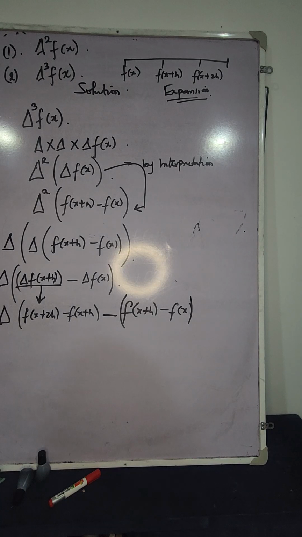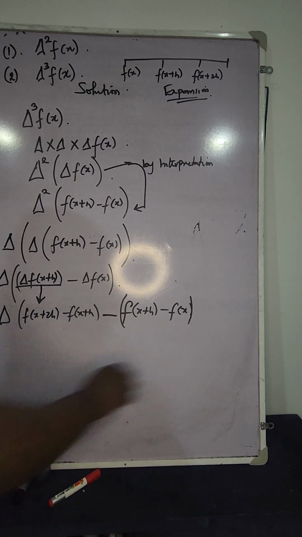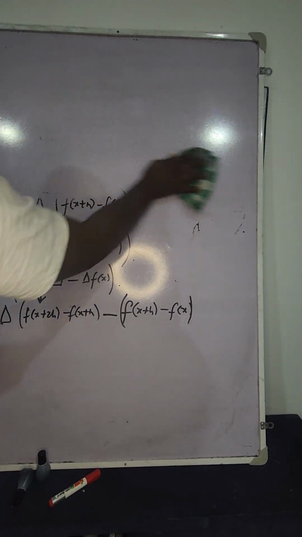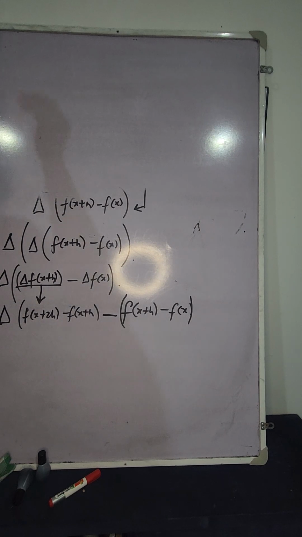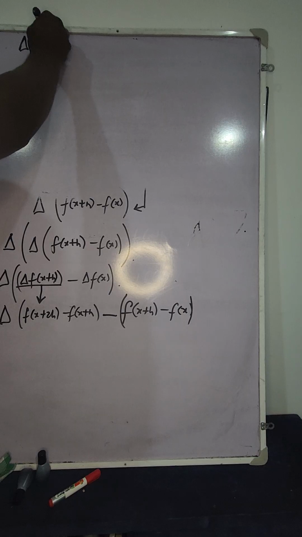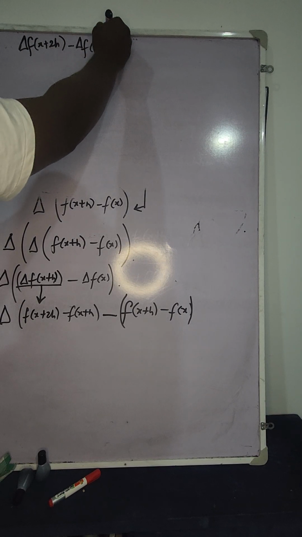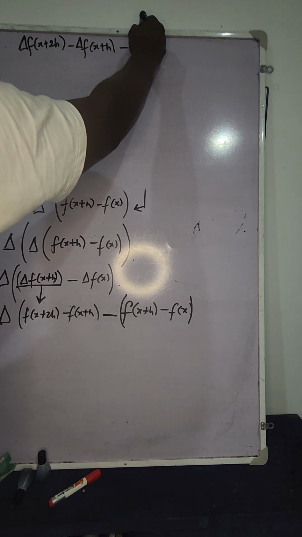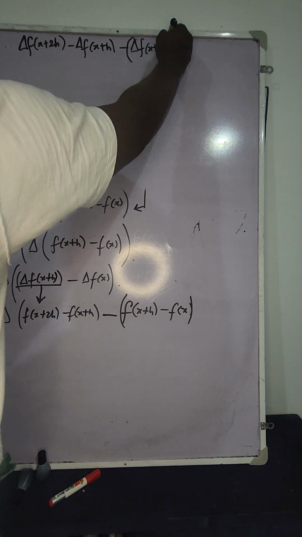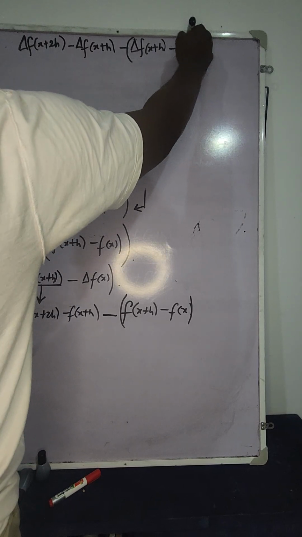So let's cover this bracket. Now what do we have? Let's open this bracket once and for all. So we have the forward difference of f of x plus 2h minus the forward difference of f of x plus h, minus the forward difference of f of x plus h, this minus the forward difference of f of x.